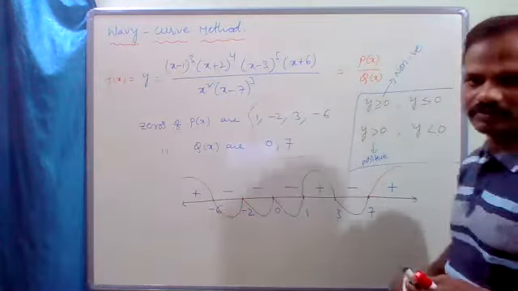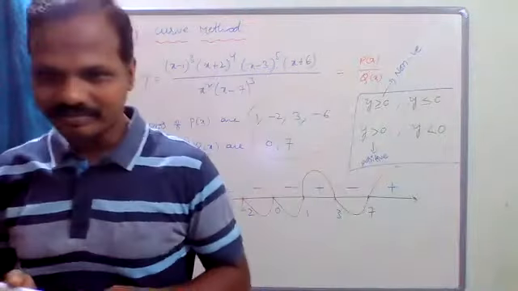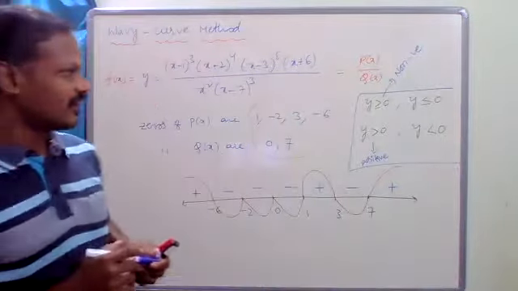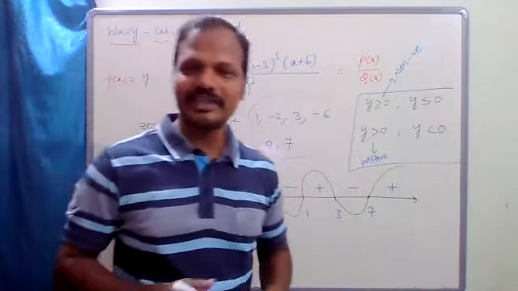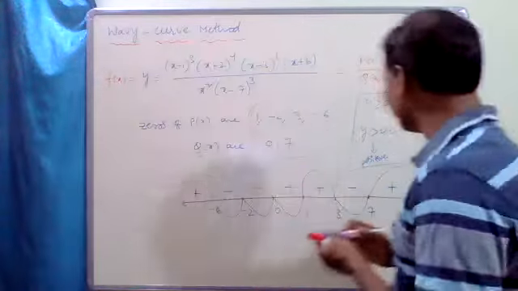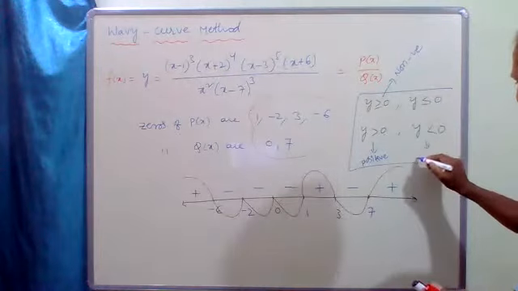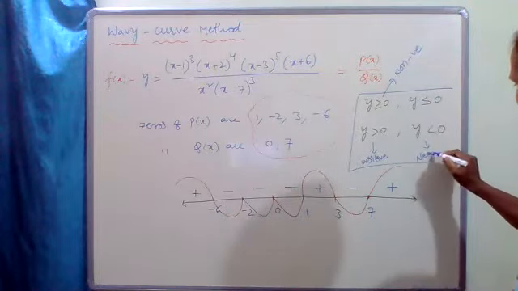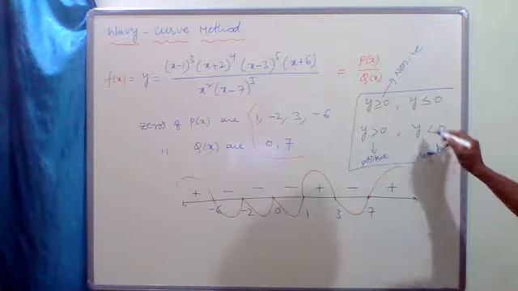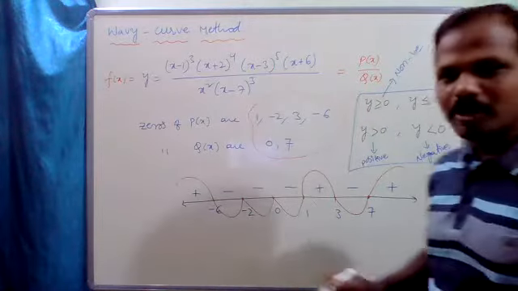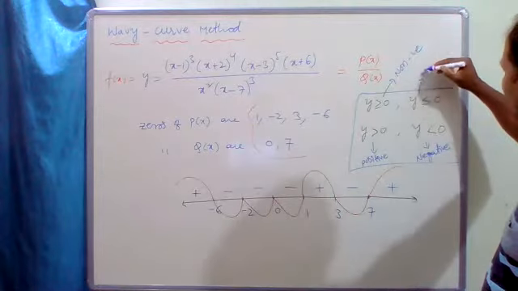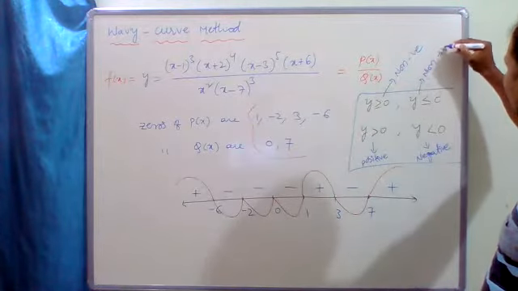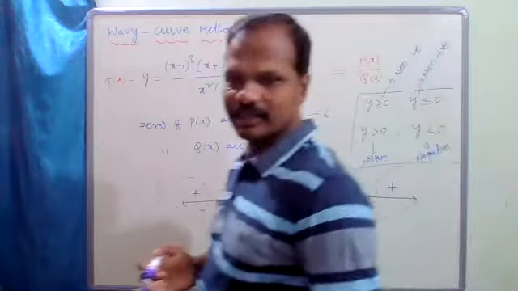Next, where y is negative, obviously that means y less than 0. Non-positive numbers means y less than or equal to 0.